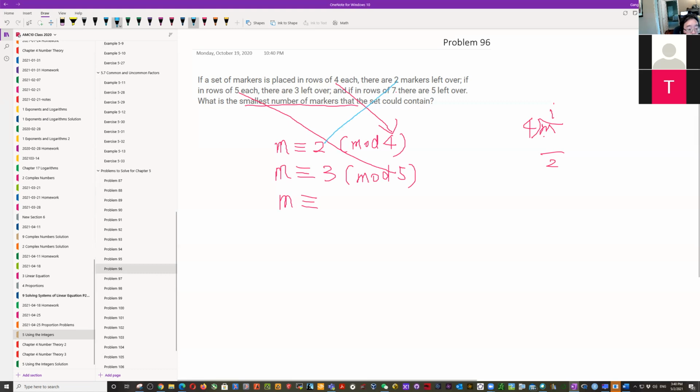And then m is congruent to 5 mod 7. So here 7, rows of 7, you are dividing by 7, and 5 is the remainder. 5 goes here. And rows of 5, 3 left over, so that's where it goes.